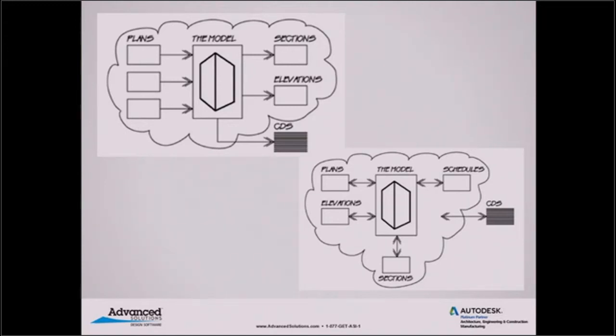Revit kind of turns that around a little bit, and instead of being focused on what the drawings look like, it's really focused on what the model is, and the drawings kind of are almost a byproduct of that. So it changes from a drawing-centric production environment to a model-centric environment.